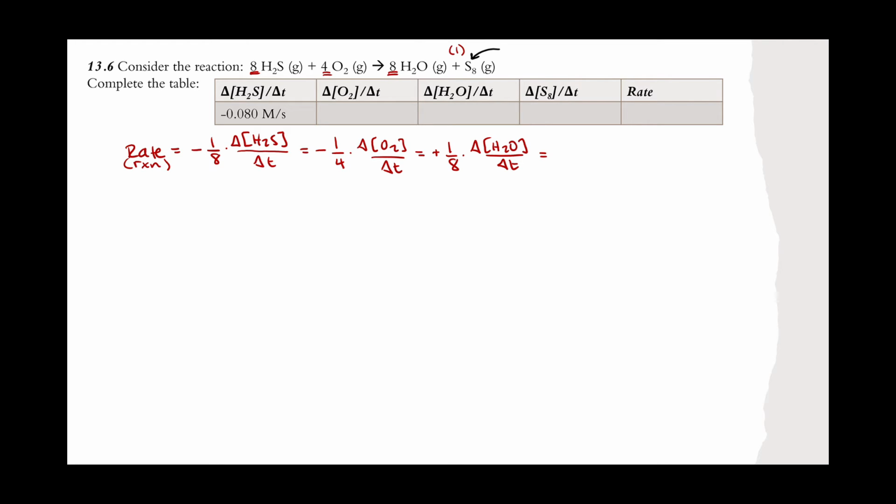And that'll also be equal to a positive, and you don't have to put 1 divided by 1, that's a little redundant, so I'm just going to put positive delta S8, just like that.